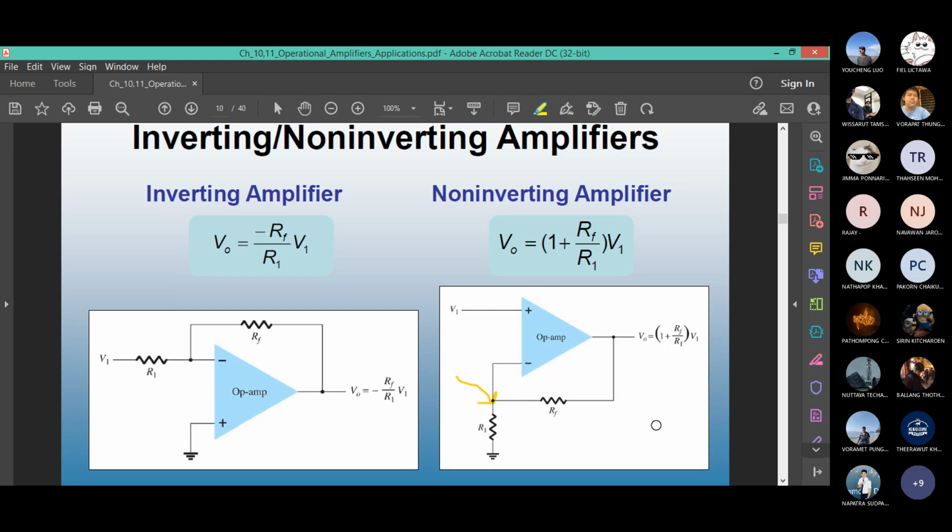Is it equal to the inverting? Non-inverting is V1. And what is in the inverting pin? V1 equals V minus, sure. But also you can express V minus in a different way. V minus is not zero, it is not grounded exactly.